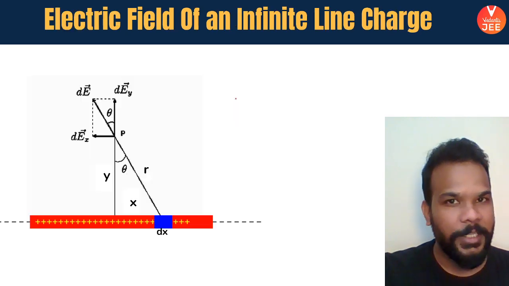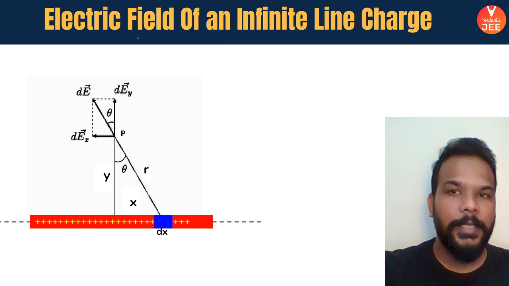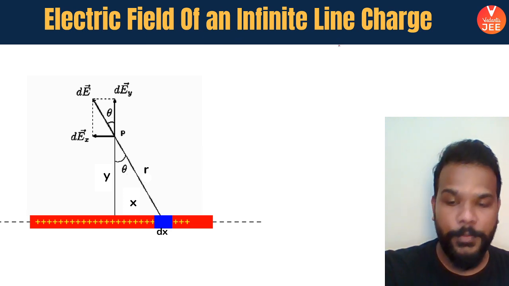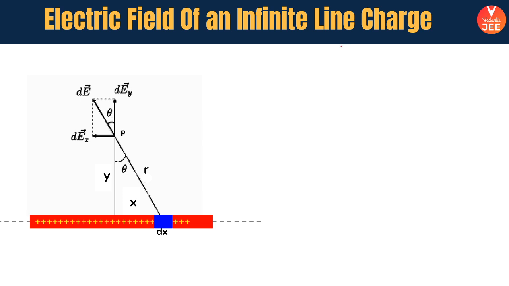Okay guys, so let's go forward and speak about the electric field due to an infinitely long charged object. What you see here is basically a rod or a thread which is infinitely long. Say this side is plus infinity, this side goes till minus infinity. That means a very long charged object having been given a positive charge q.